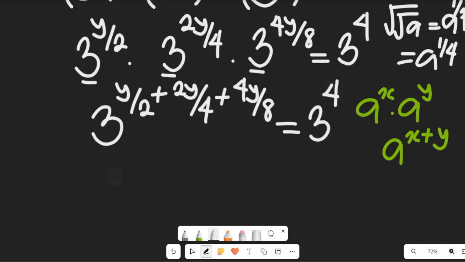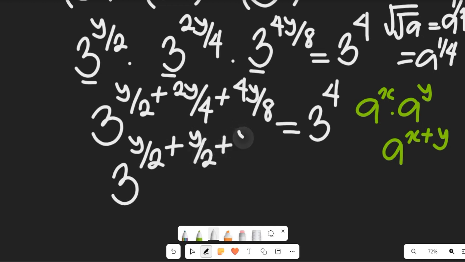So from that expression, we'll have 3 to the power of y divided by 2. If we simplify this, we'll have y divided by 2, and this will be equal to 3 to the power of 4. Great.